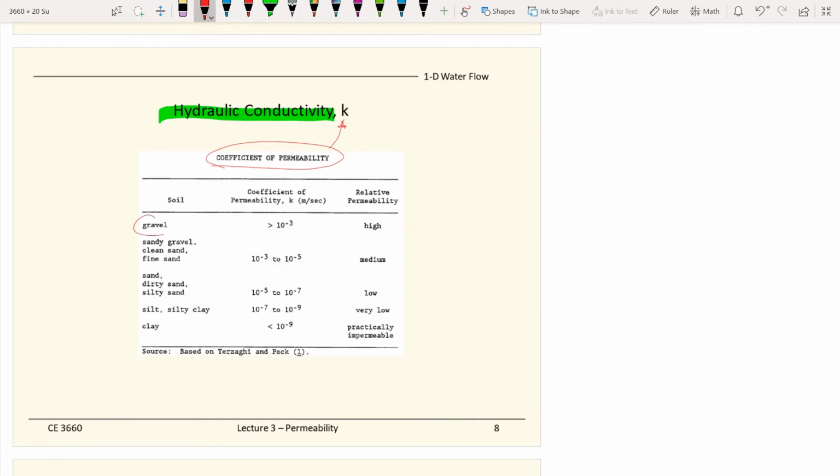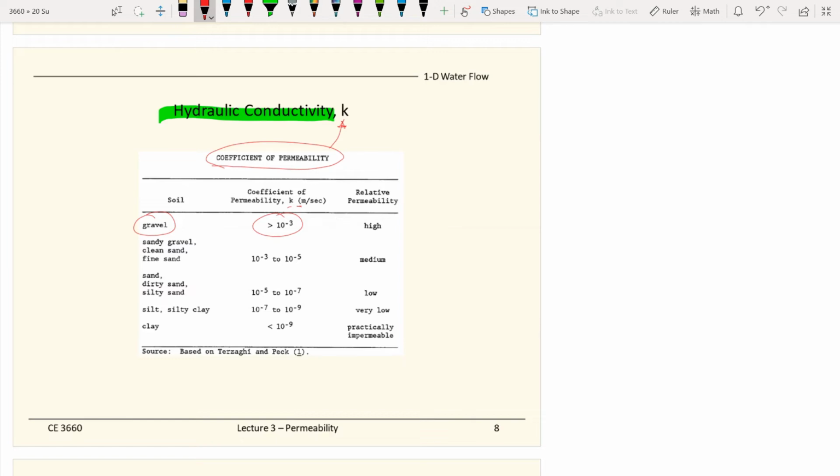When we have gravel, when water tries to seep through the gravel, it happens within seconds. So the hydraulic conductivity, or coefficient of permeability, the K value for gravel is relatively high. This is in the unit of meters per second. So it takes seconds to travel through gravel.